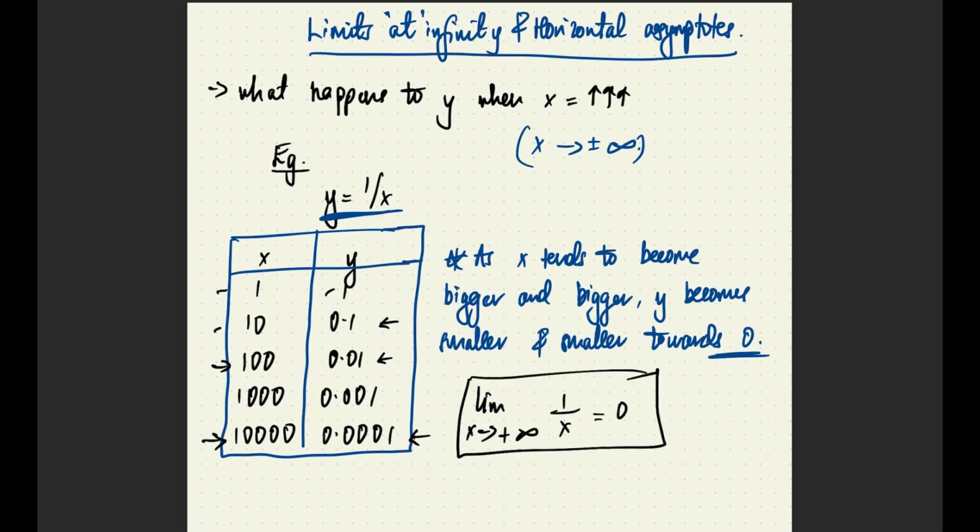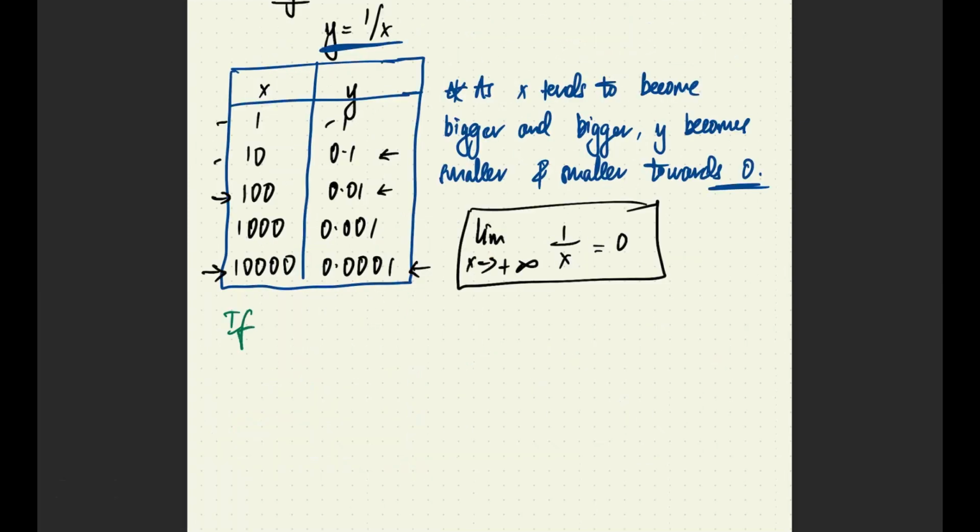Now a very important thing to note when talking of limits at infinity: if the limit as x approaches positive infinity of your function is equal to some number L, then you can say that y equals L is a horizontal asymptote at positive infinity.